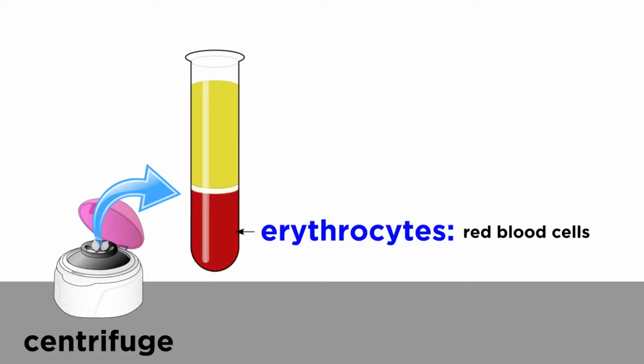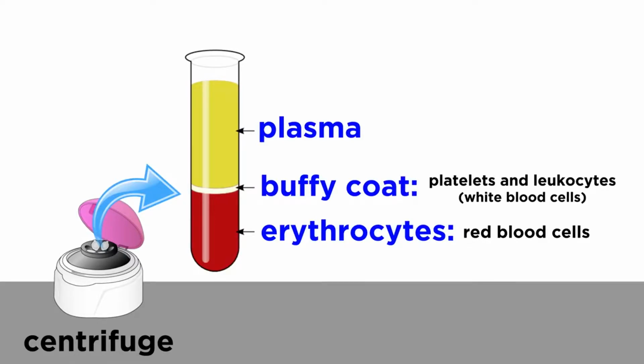The densest section is comprised of erythrocytes, or red blood cells, and the least dense section will be the yellowish plasma. They are separated by the buffy coat. a white layer containing platelets, as well as leukocytes, otherwise known as white blood cells.